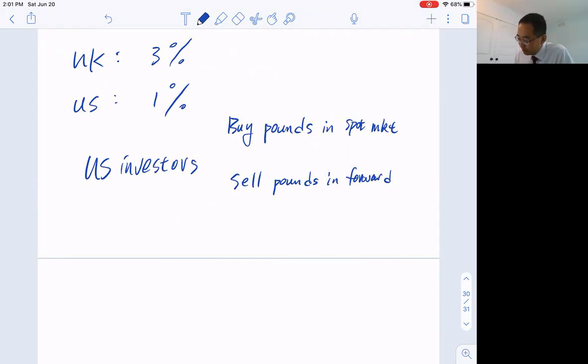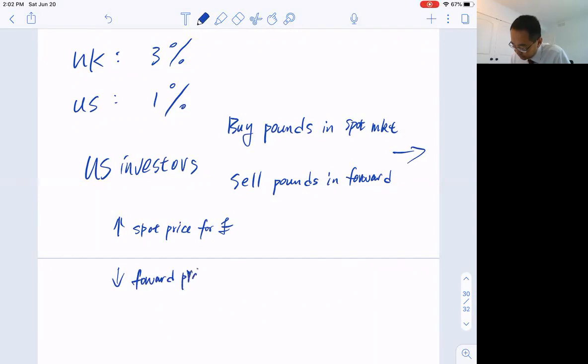Well, when they buy pounds from the spot market, that is going to raise the spot price for pounds. The spot price for pounds will increase, but when they sell pounds in the forward market, this is going to drop the forward price for pounds.